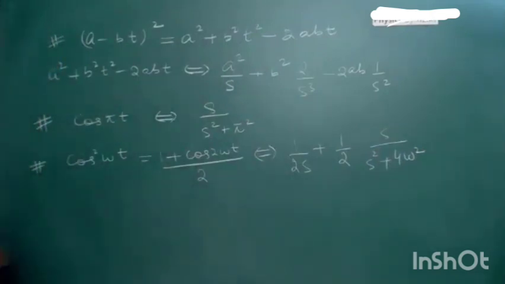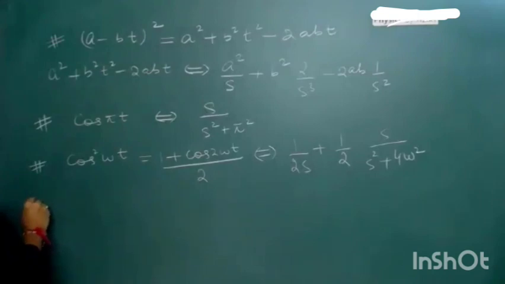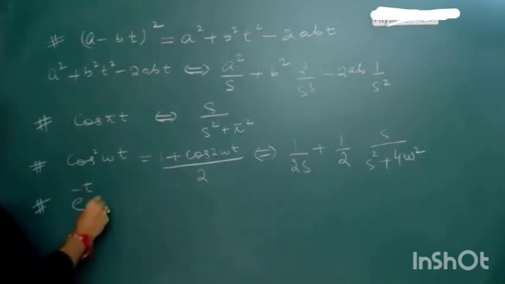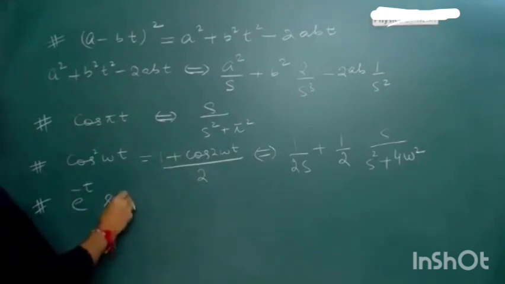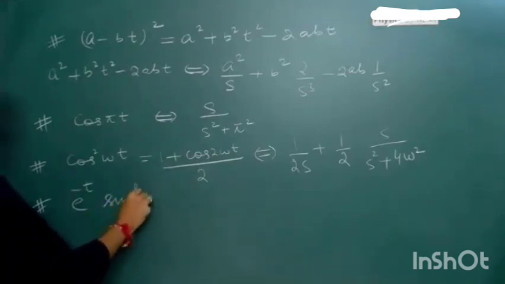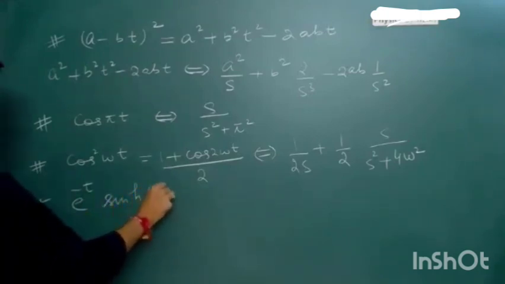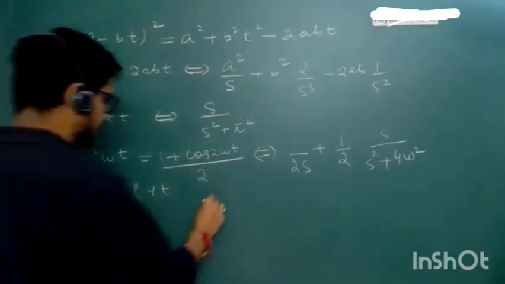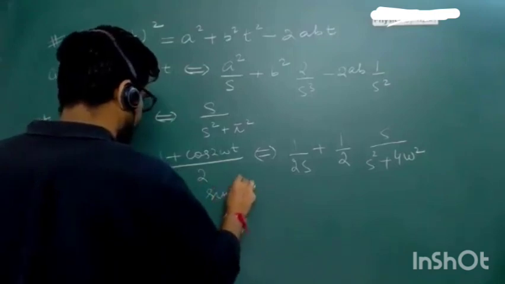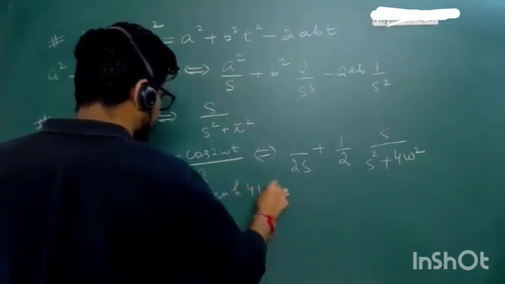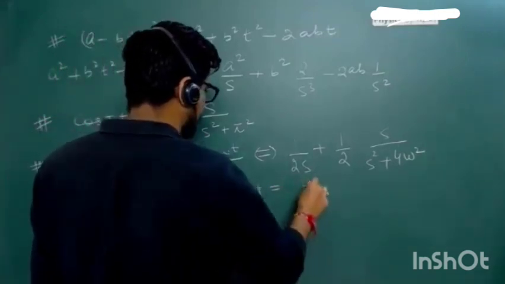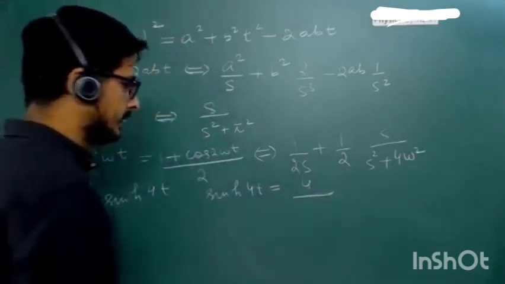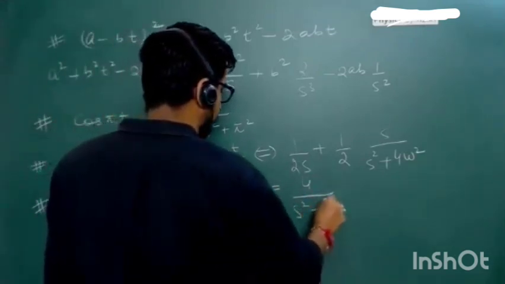Then suppose I want to write Laplace of e to the power minus t sine hyperbolic 4t. First of all I will write Laplace of sine hyperbolic 4t, that will be given by 4 upon s square minus 16.